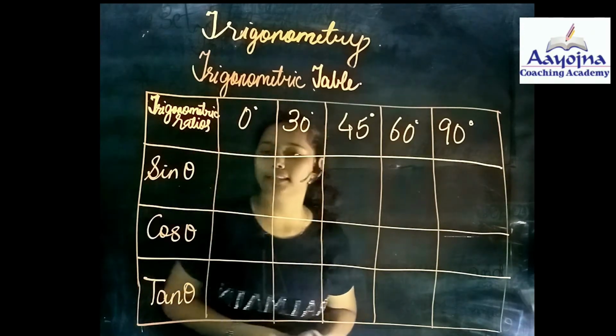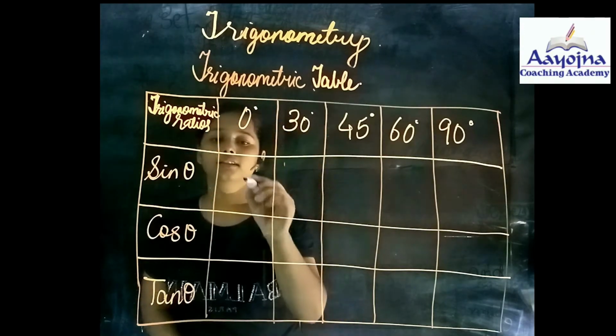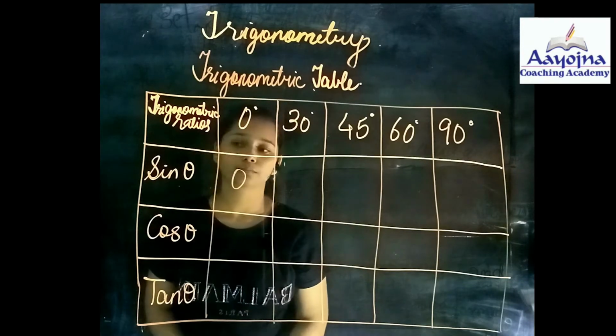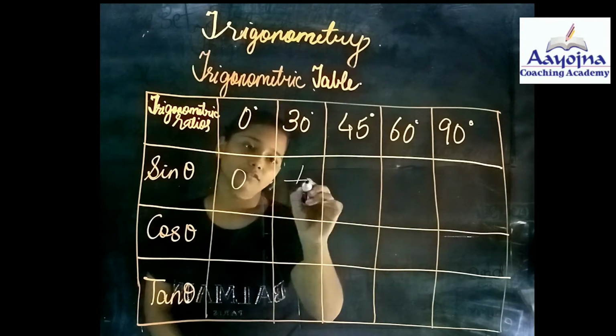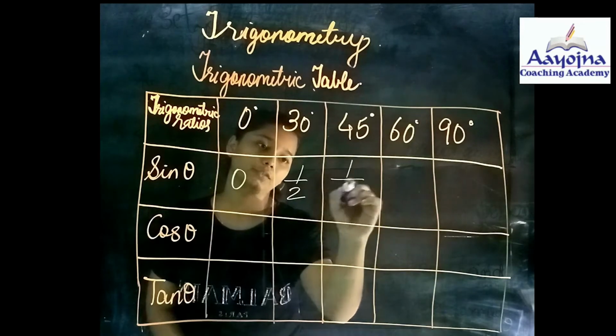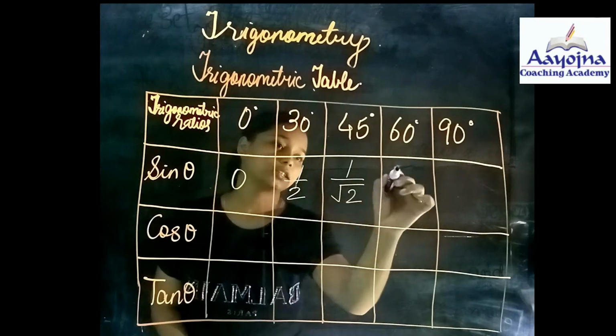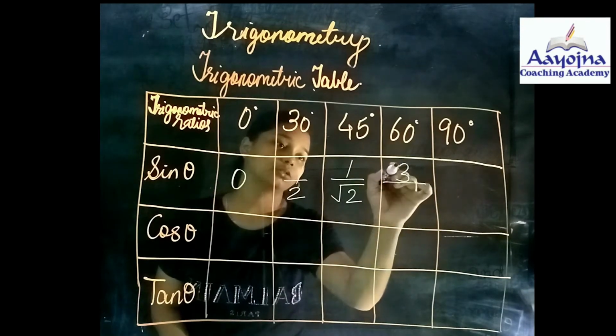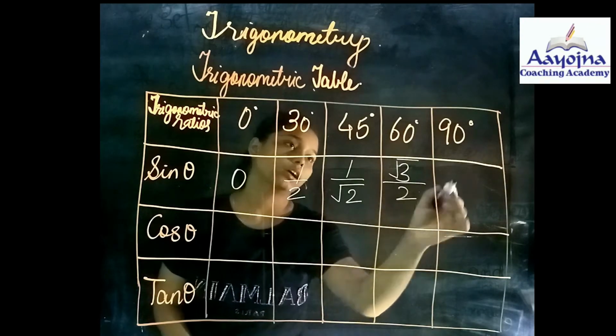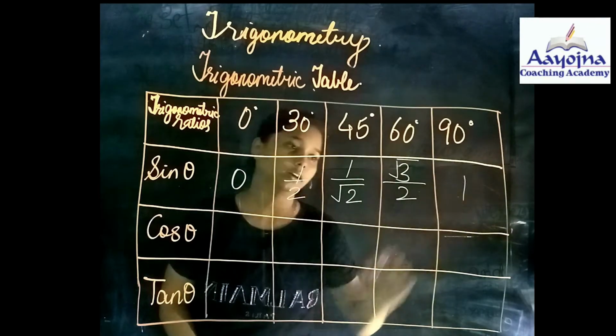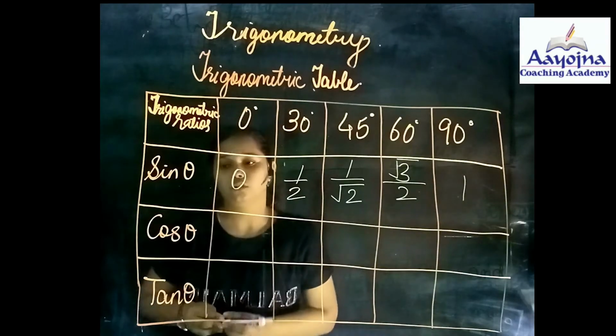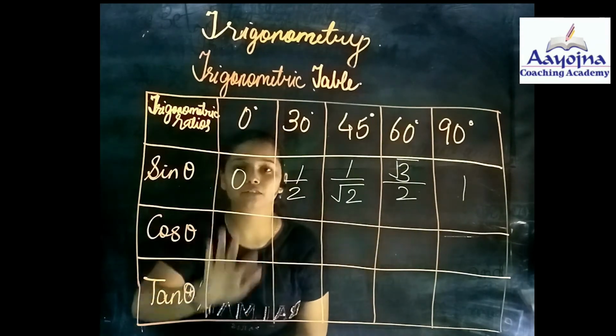So first is sin theta. Sin theta for 0 degrees is 0. For 30 degrees, half. For 45 degrees, 1 upon root 2. For 60 degrees, root 3 upon 2. And for 90 degrees, it is 1. Now for cos, it is the reverse of sin.